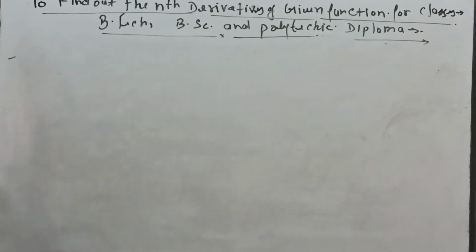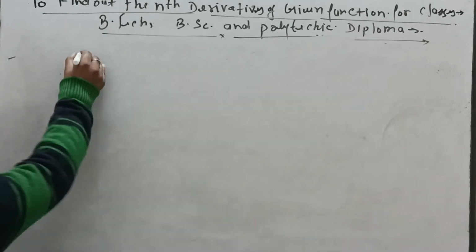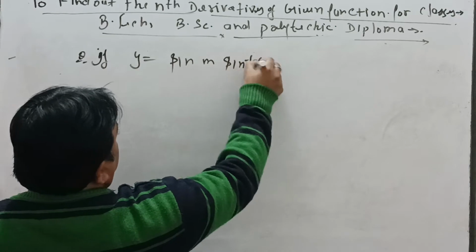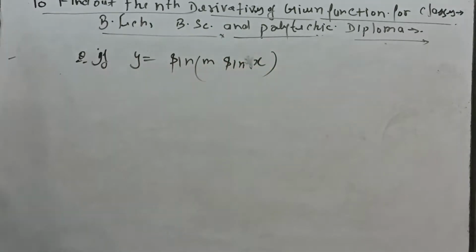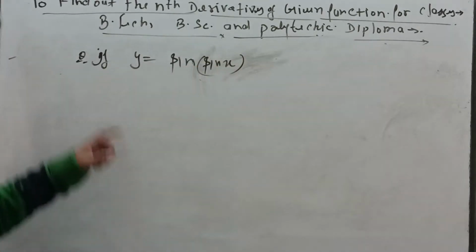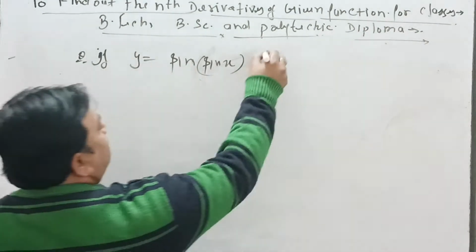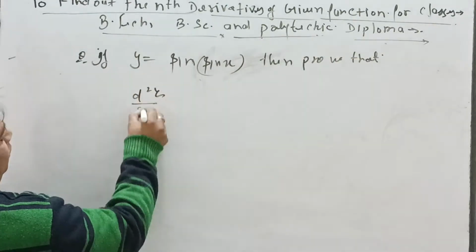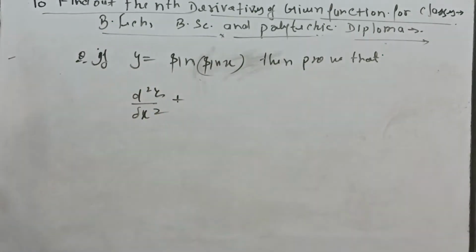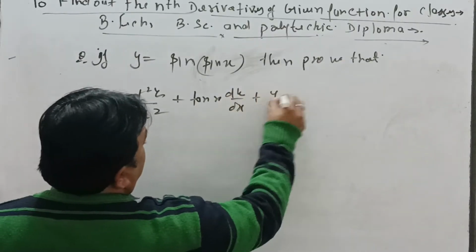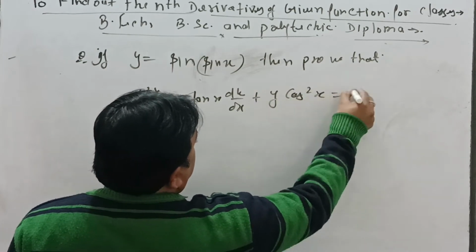Question is that: if y equals sin x, then prove that d2y/dx2 plus tan x dy/dx plus y cos square x equals 0.